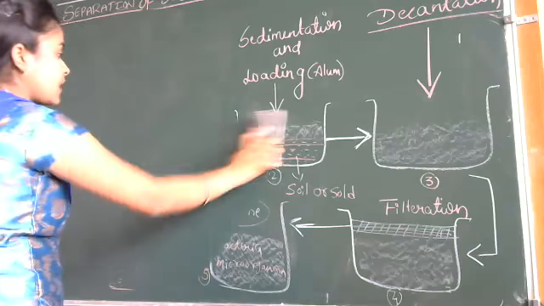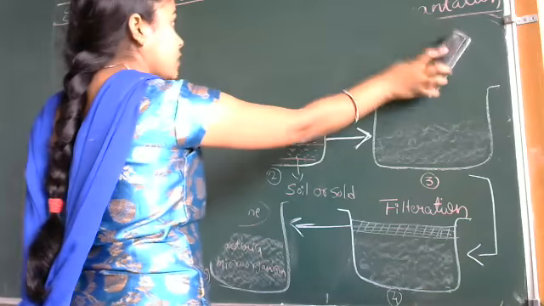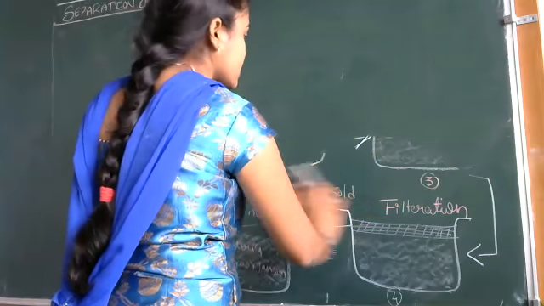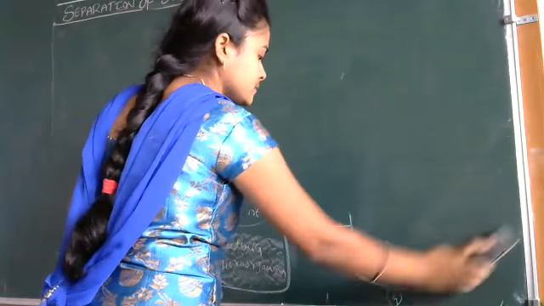So how many processes have been done in order to get pure drinking water? Which processes have been done? Can you just revise it? Repeat it.